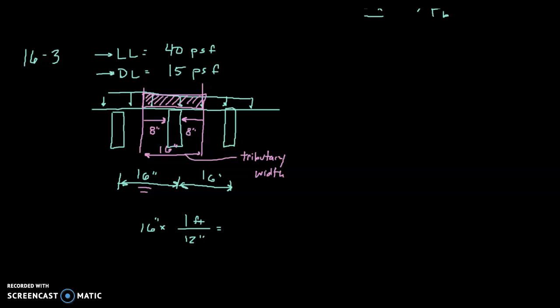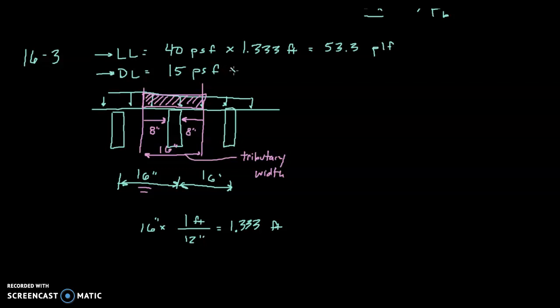And so we convert that, and 16 inches is 1.333 feet. So if I take 40 pounds per square foot times 1.333 feet, that will give me 53.3 pounds per, not square foot now, but just pounds per foot, or pounds per linear foot.